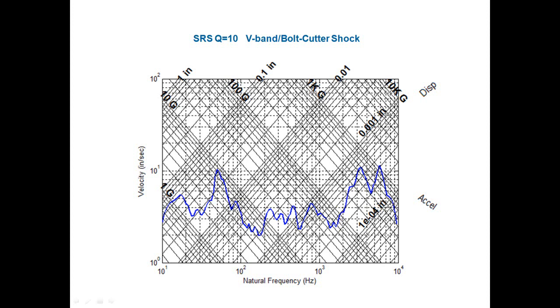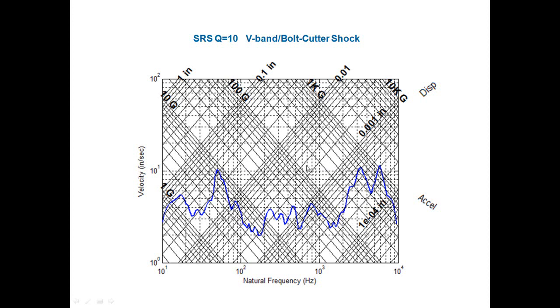Either way is fine. If we look at this point here, we can see the SRS gets up to maybe about 1100 Gs at about 6,000 hertz. So that's the peak acceleration on the SRS. But let's look at the peak velocity.